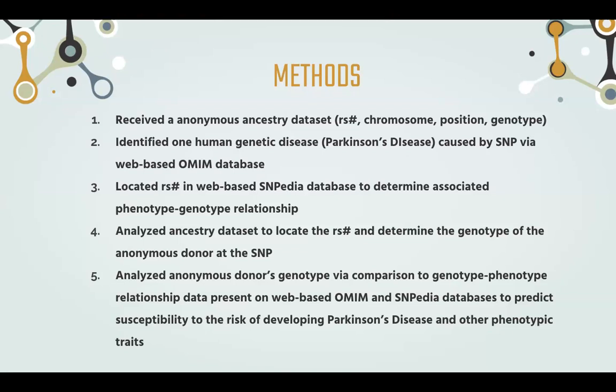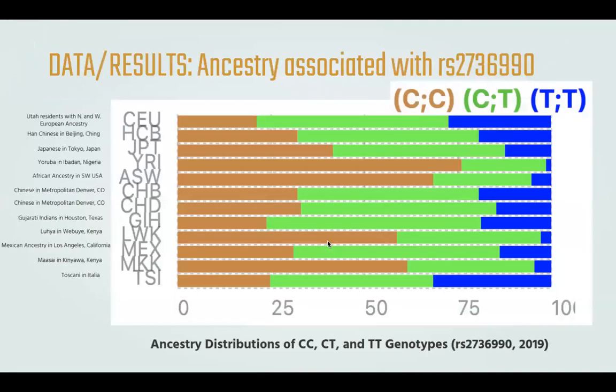Finally, they analyzed the anonymous donor's genotype by comparing it with the genotype-phenotype relationship data present on the web-based OMIM and SNPedia databases to predict the susceptibility to the risk of developing Parkinson's disease and other phenotypic traits. Upon completion of our methods, we achieved our data and results.